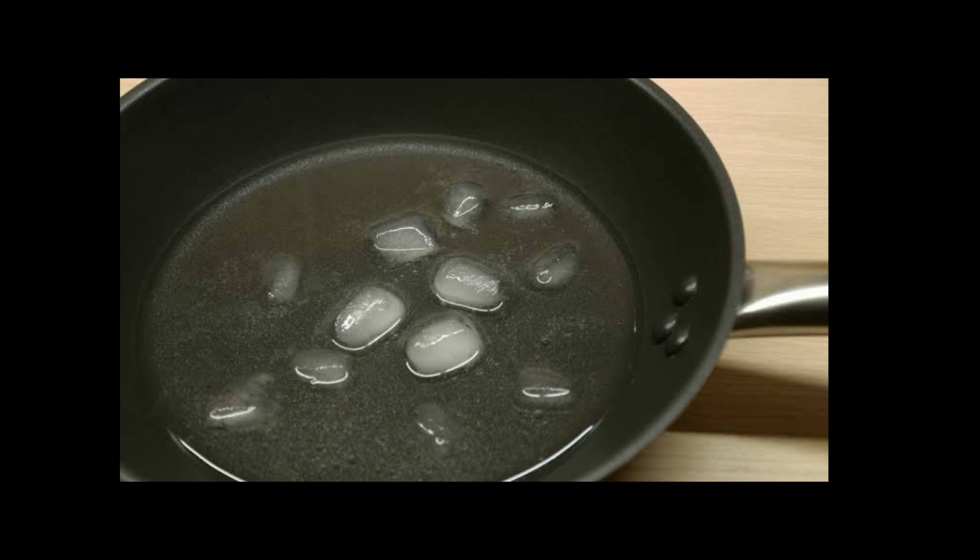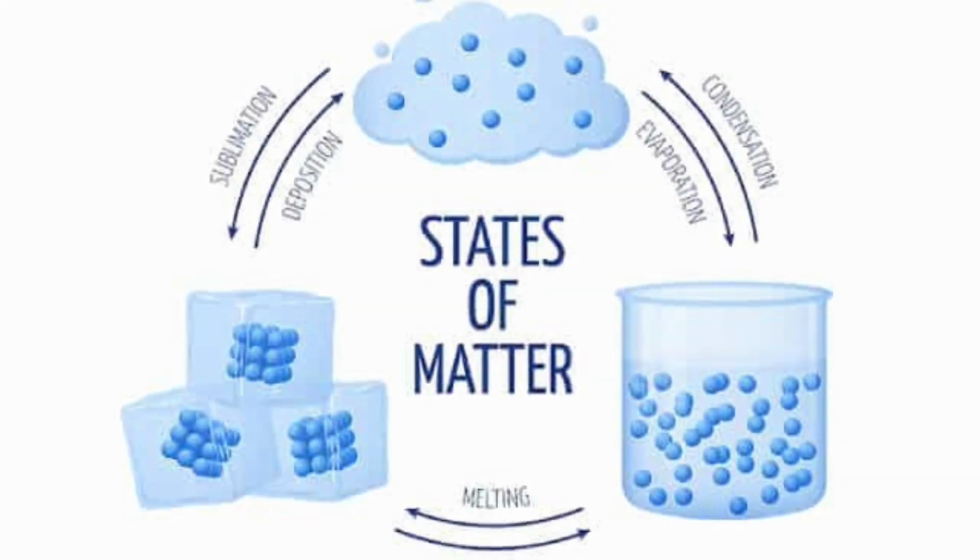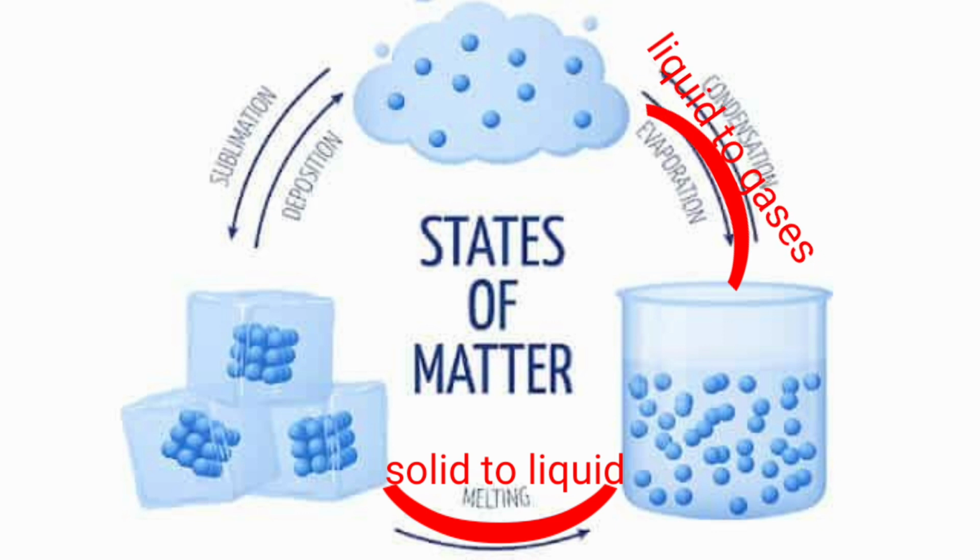When we heat ice cubes, they melt into water, and if we continue the heating, that liquid water will change to water vapor. This means we can change solid into liquid and liquid into gaseous form.